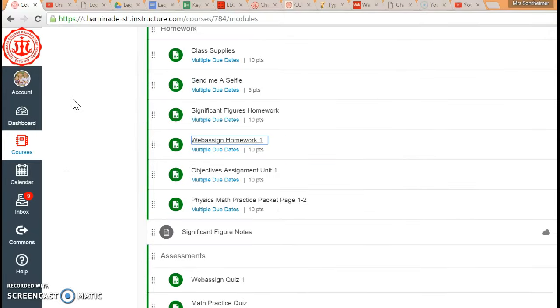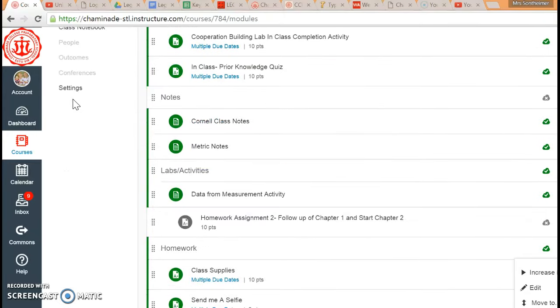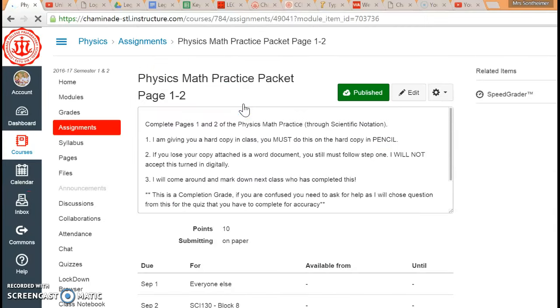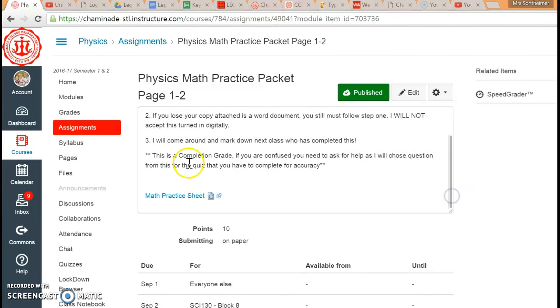Under Unit 1, we have Physics Math Practice Packet, pages 1 and 2. I'll be checking for completion, but that is here, and there is a link. But you must print it and do it by hand. I'll open that for you in a sec.